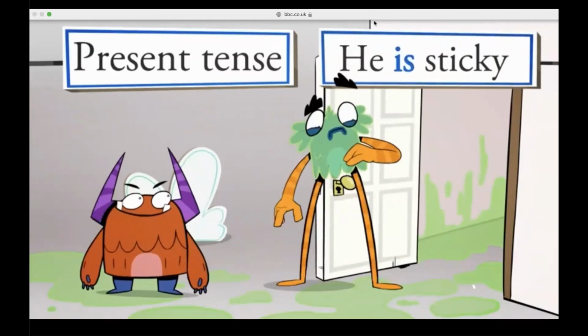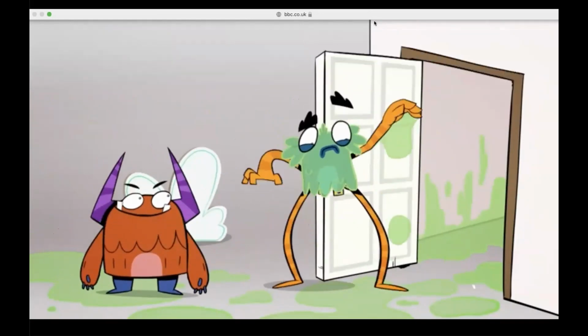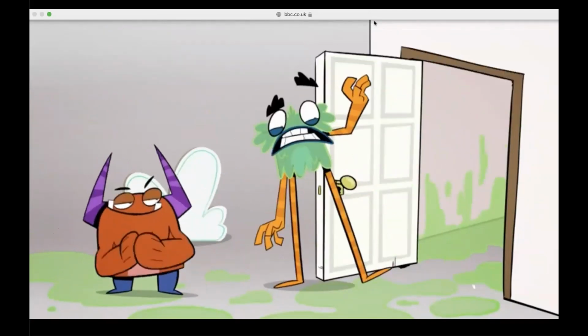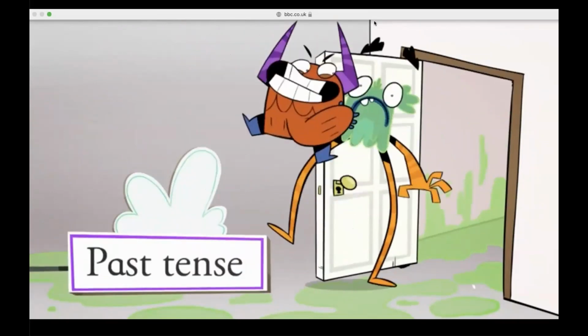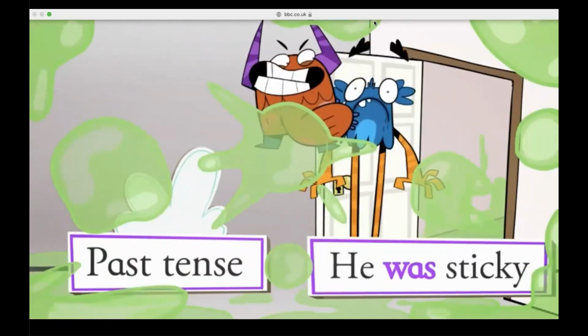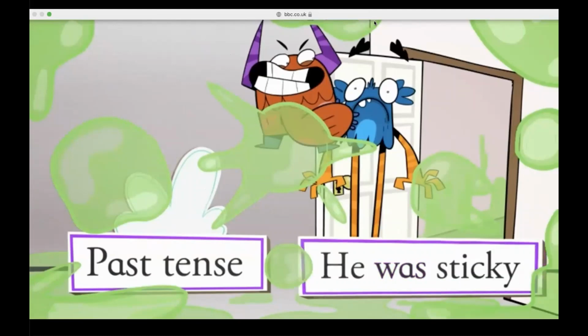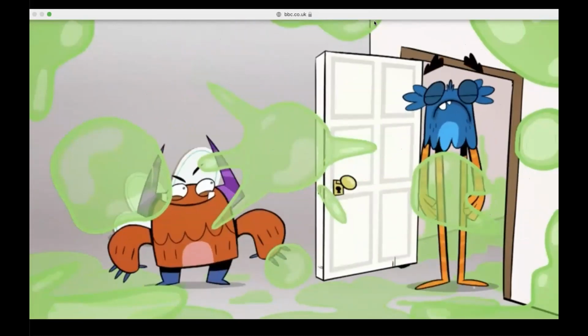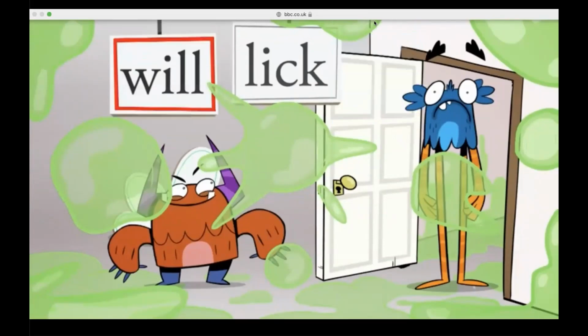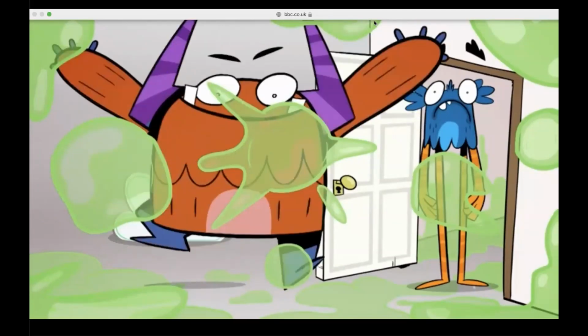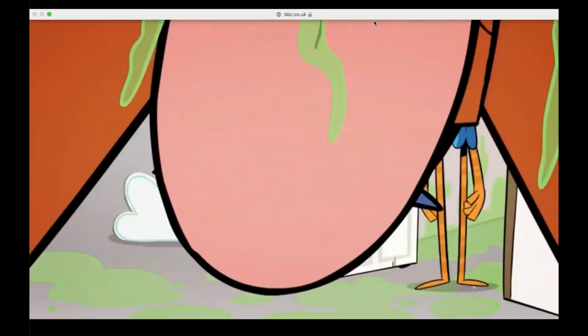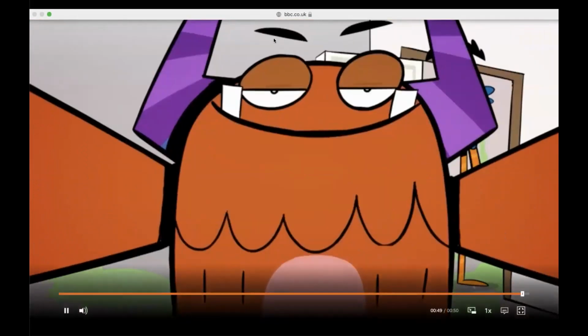Now he is sticky. Sentences that describe something that's already happened and use words like was are in the past tense. He was sticky. Every verb has a past, present, and future tense form. Licked, licking, and will lick. Hey, no, don't you even think about... Oh, yuck.